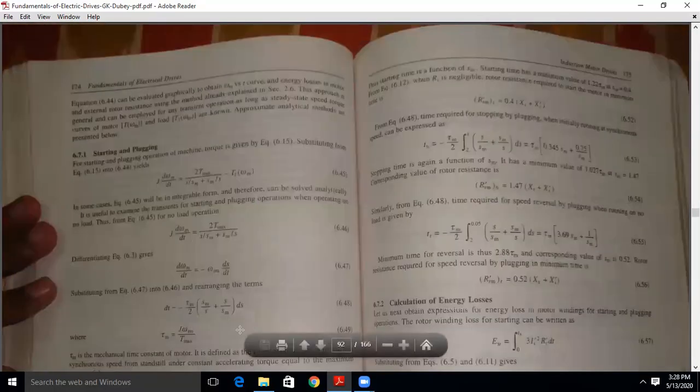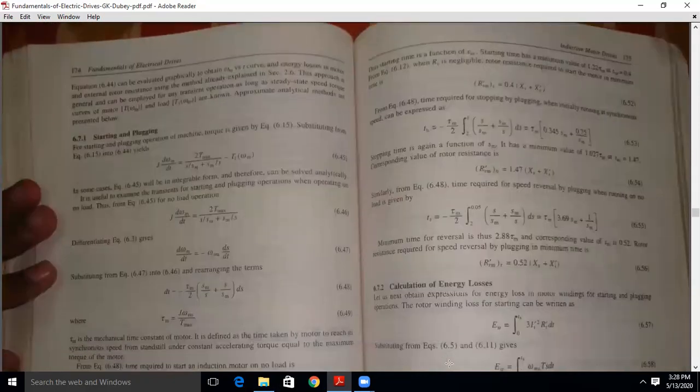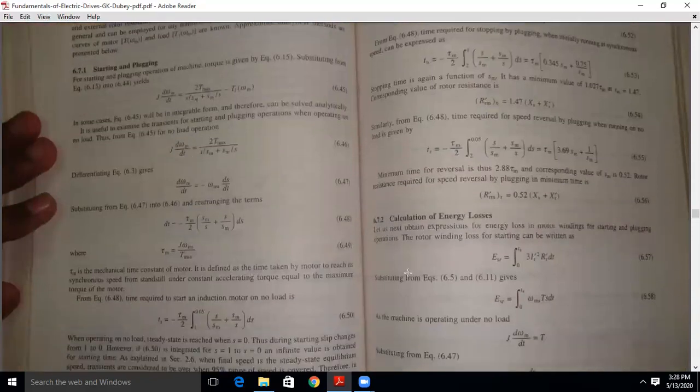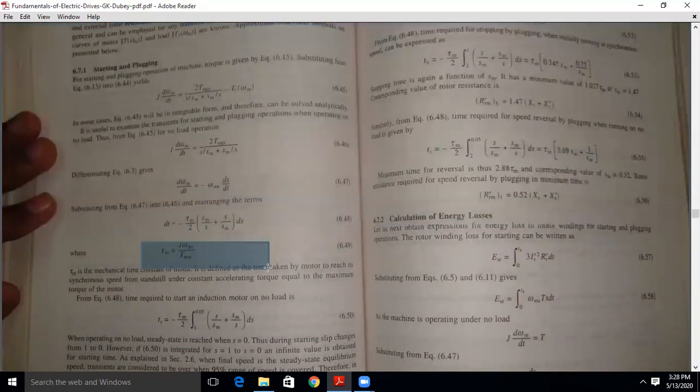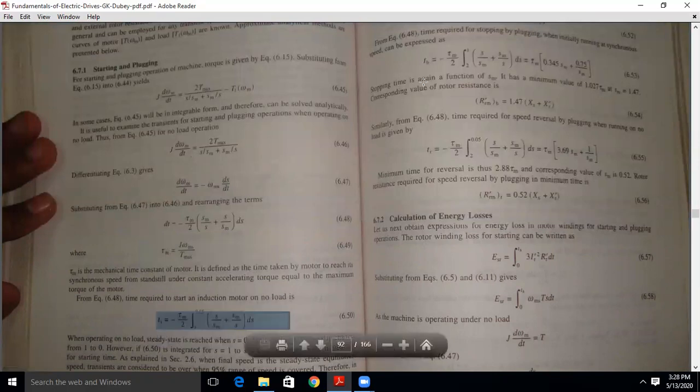I will show you the transient analysis of the transient operating conditions. By taking this particular formula J, we have the starting and plugging, and all these formulas can be found here. The 2m formula is here, and you can have the Ts formula also, and that particular TB, the time during braking, and so on.